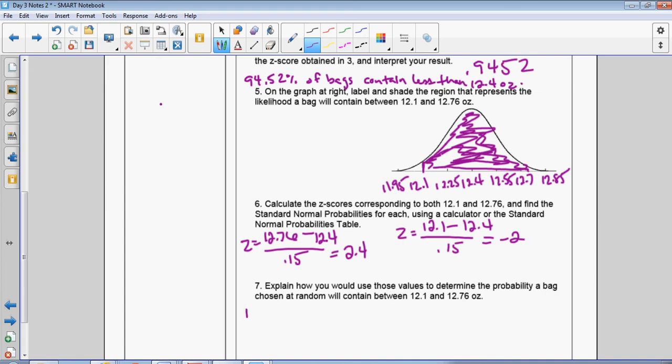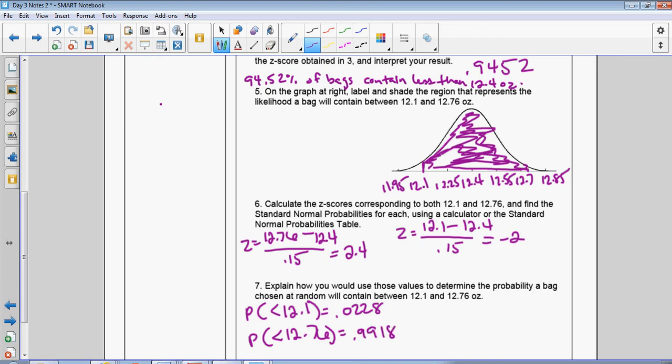So the probability that you are less than 12.1 ounces, you're going to look on your z-score table at -2, and you get 0.0228. The probability that you are less than 12.76 ounces, on your z-score table you're looking at 2.4, and you get 0.9918.